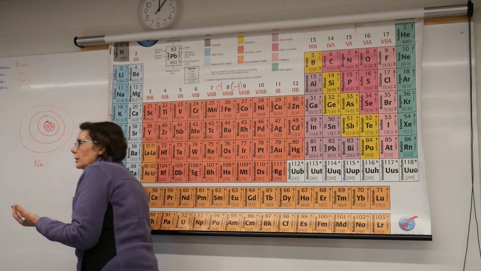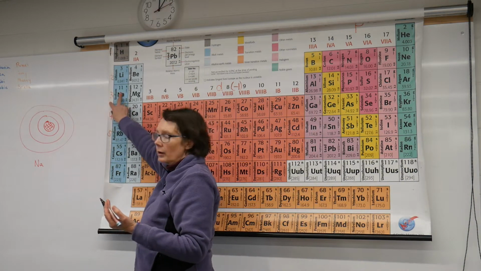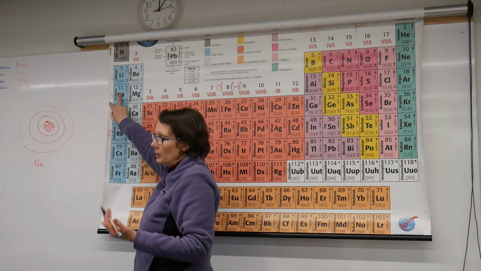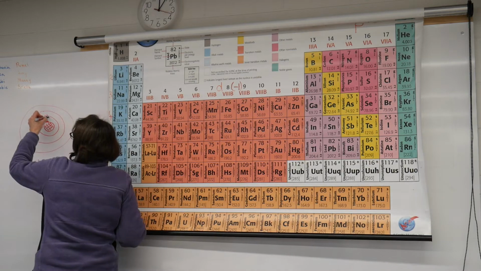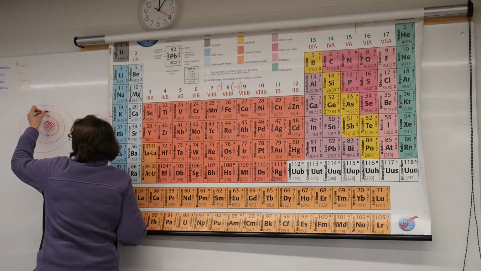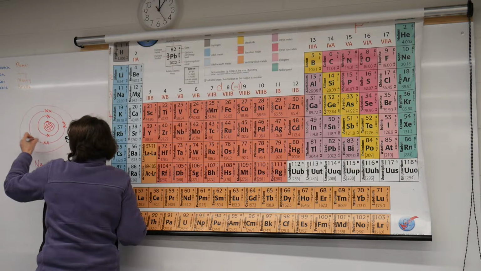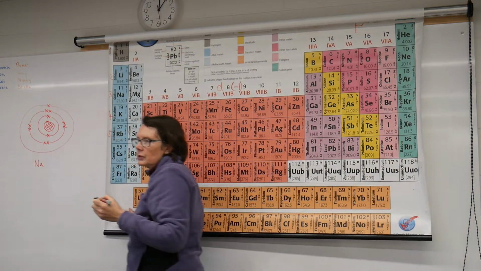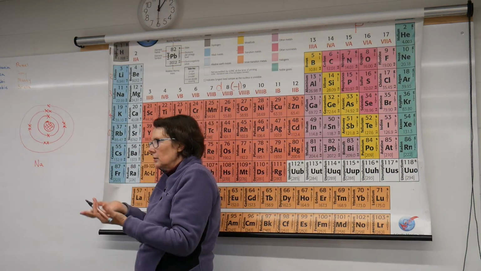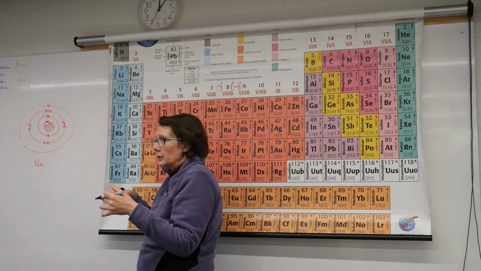So for sodium that has 11 electrons, because it's got an atomic number of 11, that means that the element has 11 electrons as well, then that would mean for our Bohr model that our electrons are in the closest shells as they can possibly be to the nucleus.